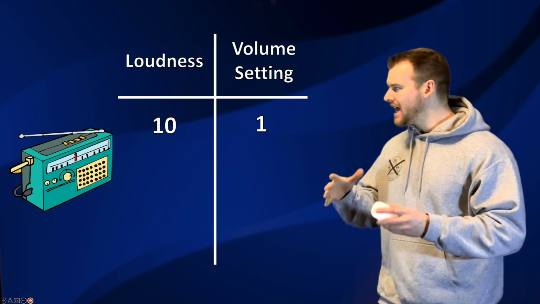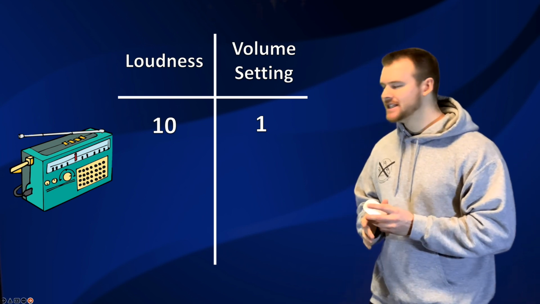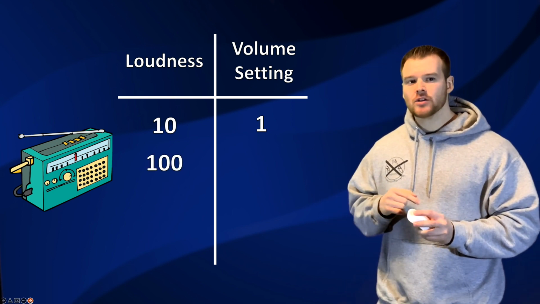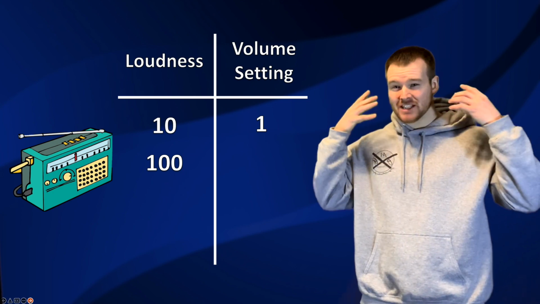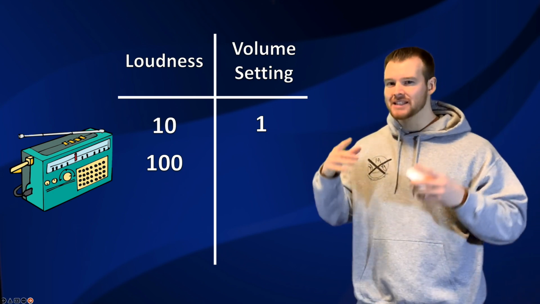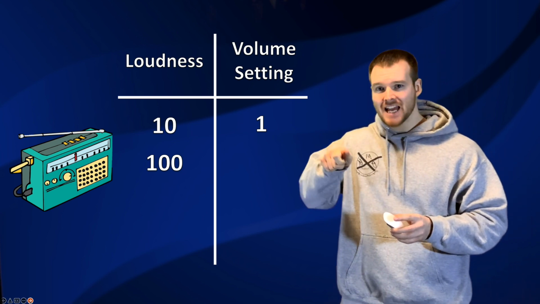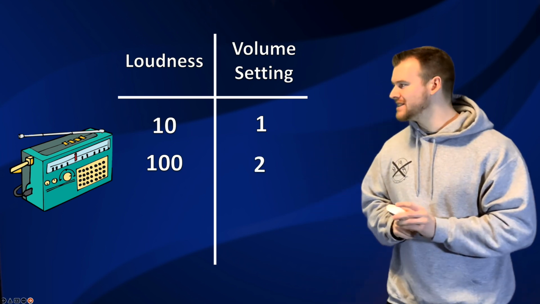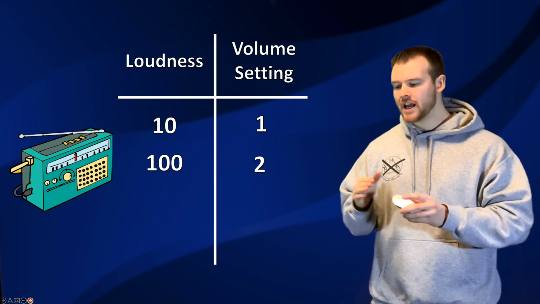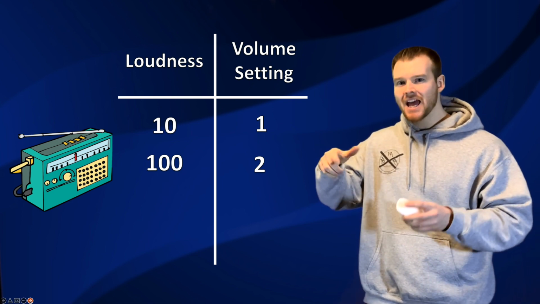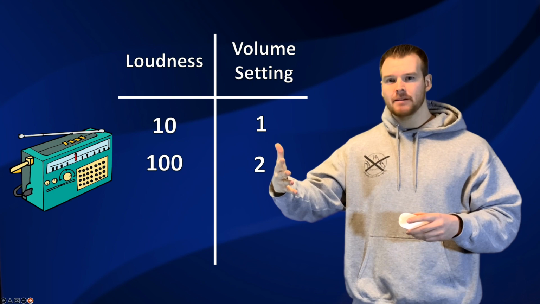Now what happens with a log system or a base 10 system here is that if I increase the loudness, it sounds at 100 now, 10 times louder to my ears. Instead of calling this volume setting 10, we're calling this volume setting 2. Okay, so we went up 1 volume setting and the loudness went up 10 times.